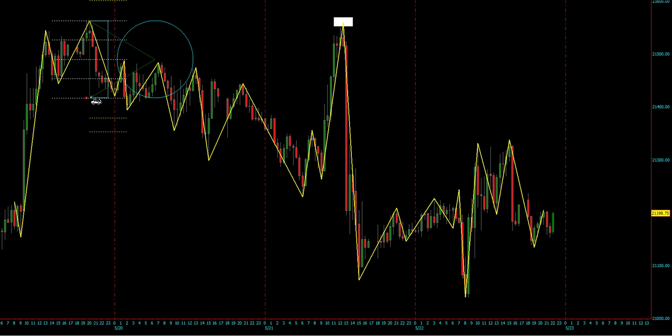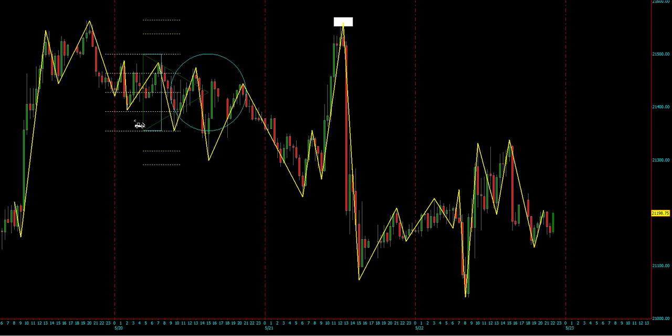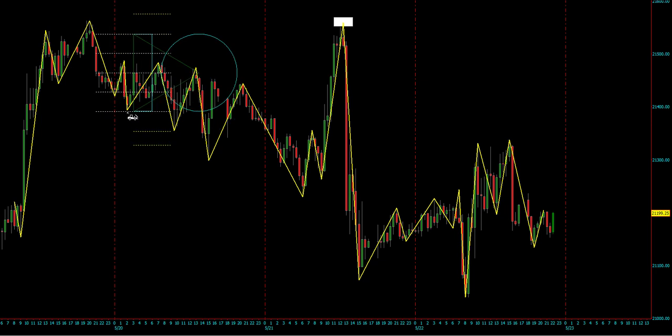That's why we are measuring it, and we are doing this. Swing to swing.